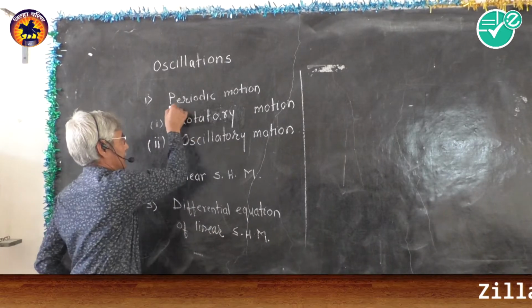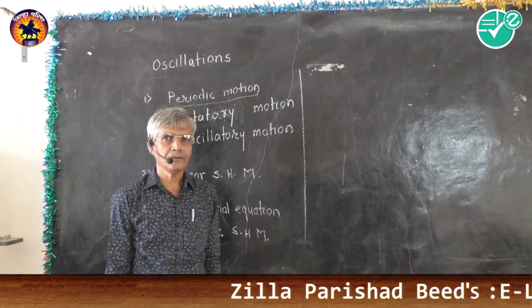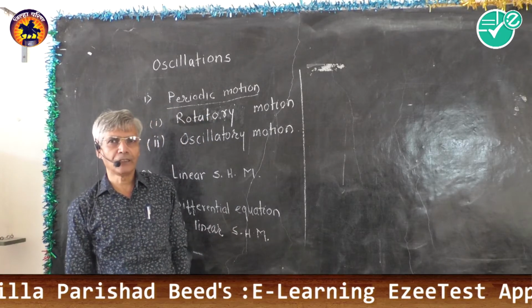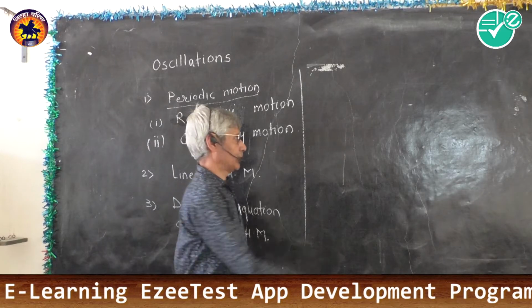The first one, periodic motion. The motion which repeats after equal interval of time is called periodic motion.